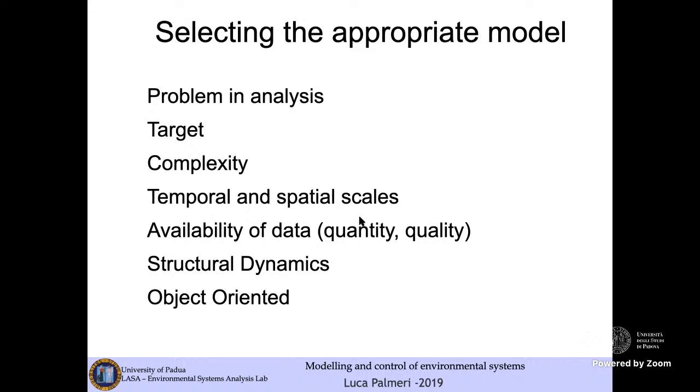But the selection of the appropriate model, of course, depends on the targets, so on the systems we want to model. So, for example, if I'm modeling a problem related to eutrophication, then in the selection of the appropriate model, I shall consider the fact that I will have to include, for example, nutrient availability, and for example, a description of the quantity of phytoplankton produced in my model.